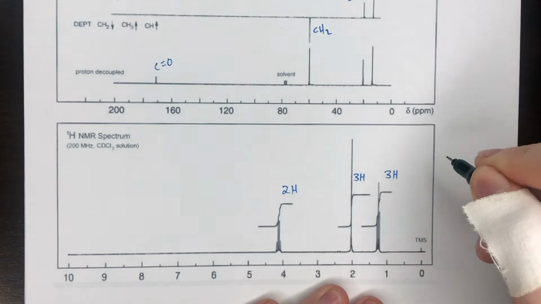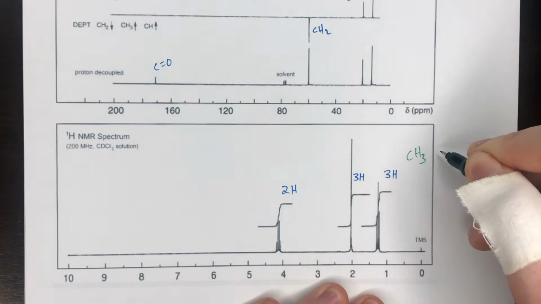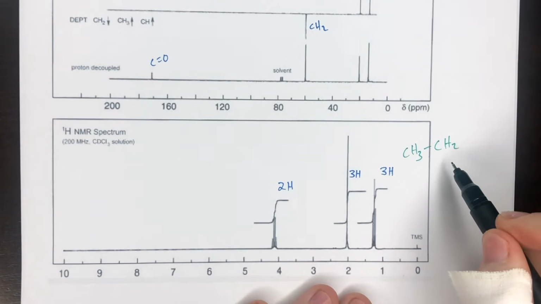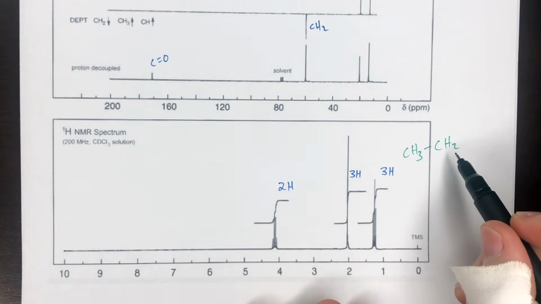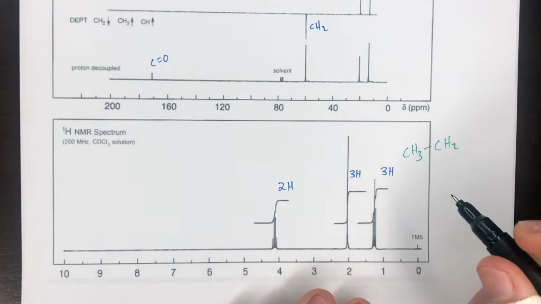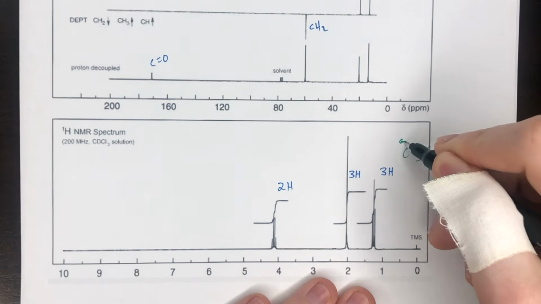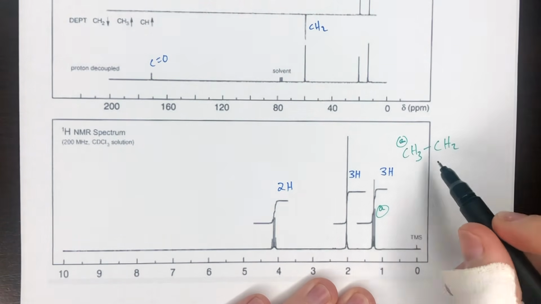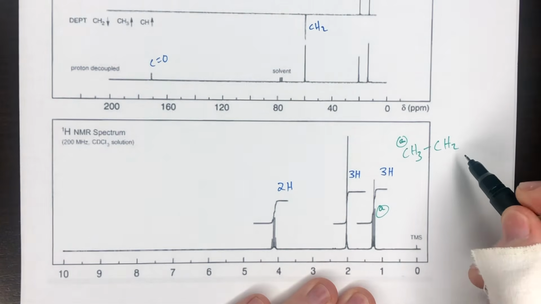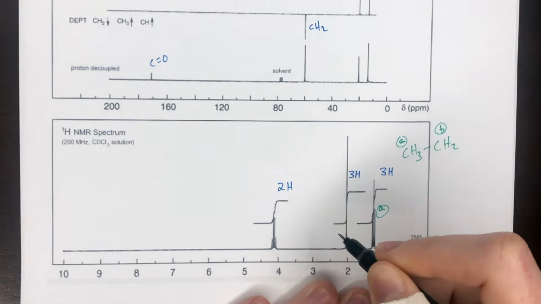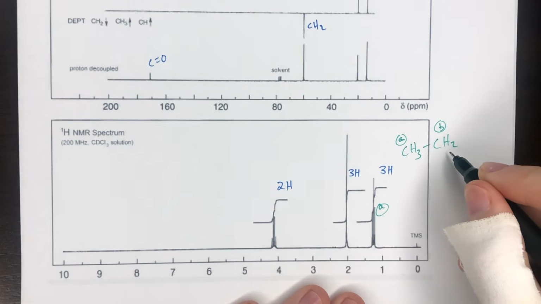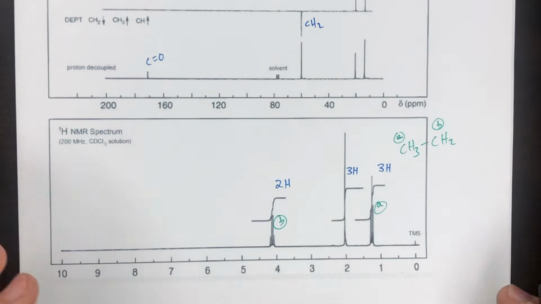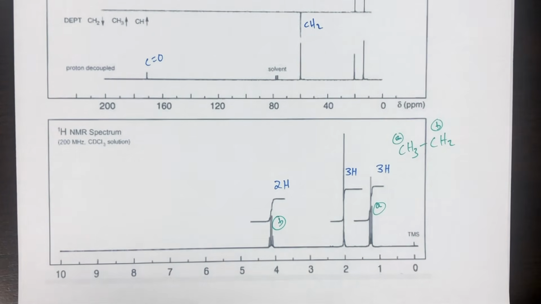So again, this is indicative of an ethyl pattern, assuming that you see a CH2 that is split into a quartet, which is exactly what we see here. So this is A, where this CH3, the 3 hydrogen signal, is split into a triplet because it has this neighbor B that has 2 hydrogens. And this 2 hydrogen neighbor is split into a quartet, which is consistent here with an ethyl pattern, like I'm explaining here, right?